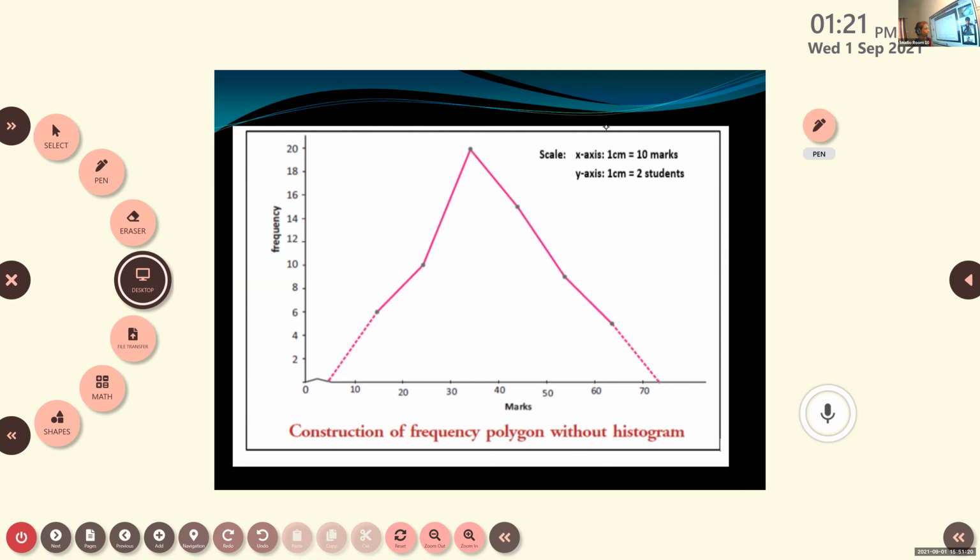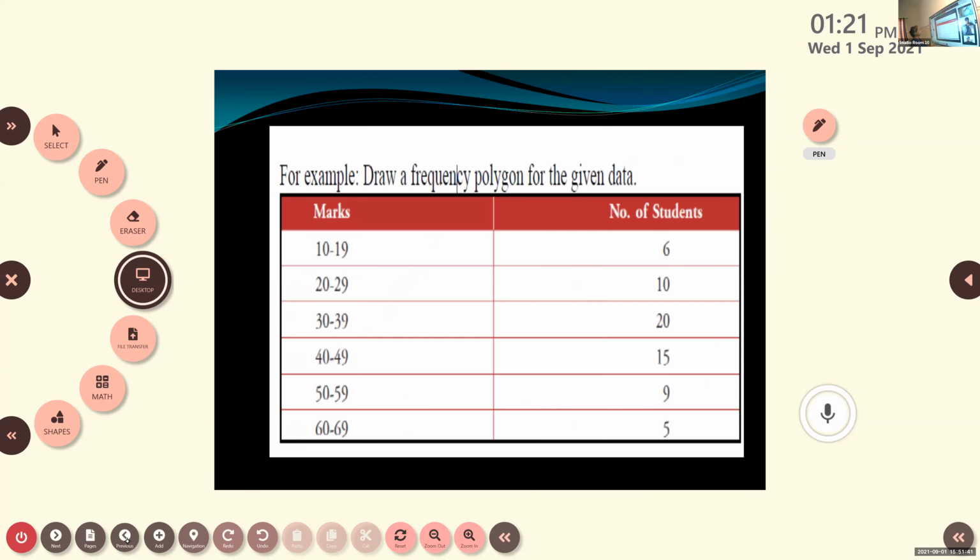No. And frequency curve also? No. My last class, I was not there. I think both the classes you were not there. No, ma'am, one class I was there. So there only you might have done frequency polygon. No, ma'am, I don't remember. Just one minute, I'll show you how it is.